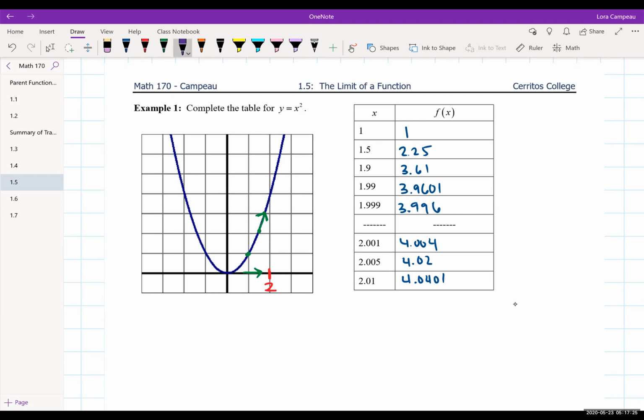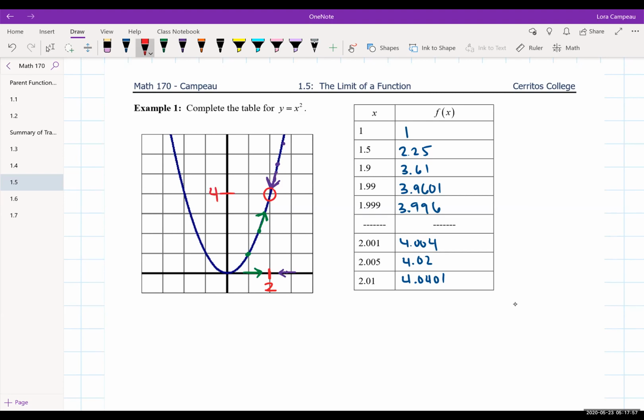And as we go from the other side, this would be the right side. As we're choosing x values, we can find the corresponding y values on the graph, and we can notice that they are getting closer and closer to a certain number as well. And you probably guessed it, as x gets closer to 2, the y values get closer to 4.